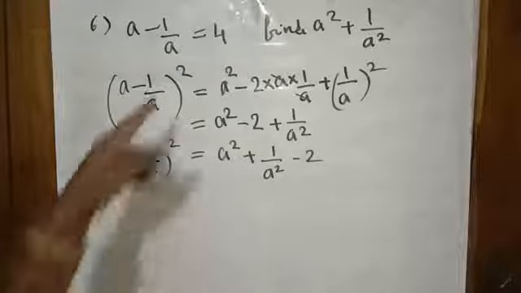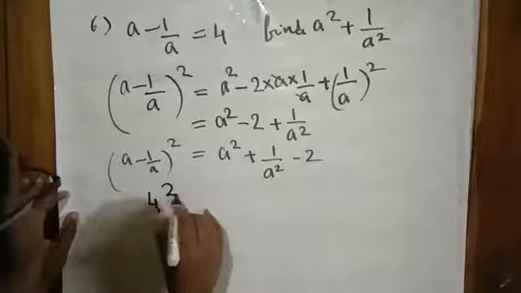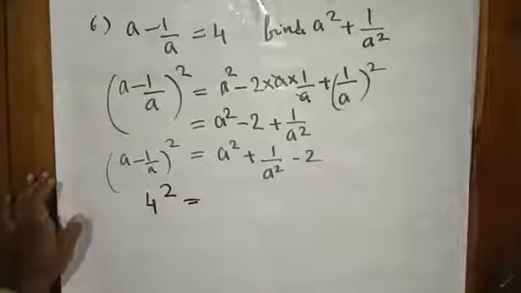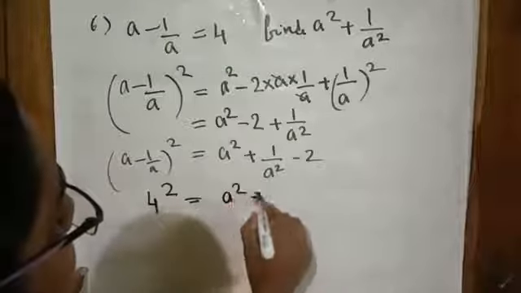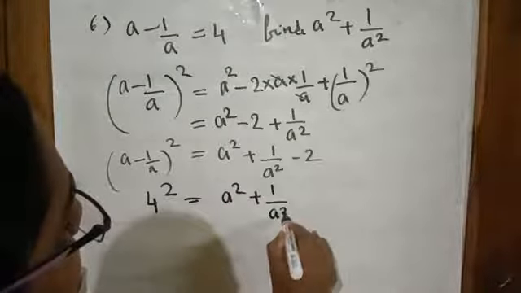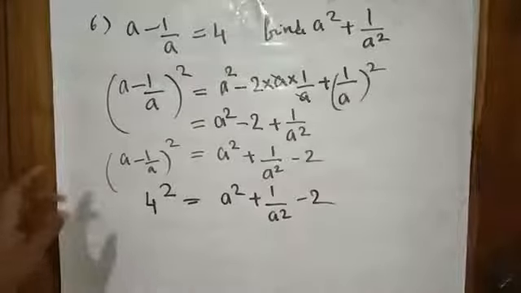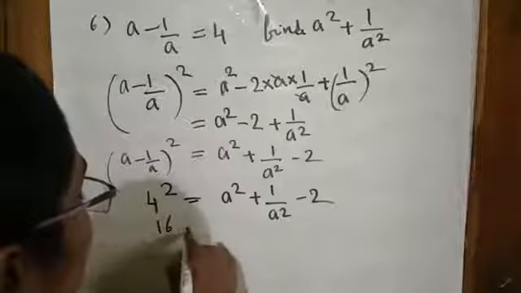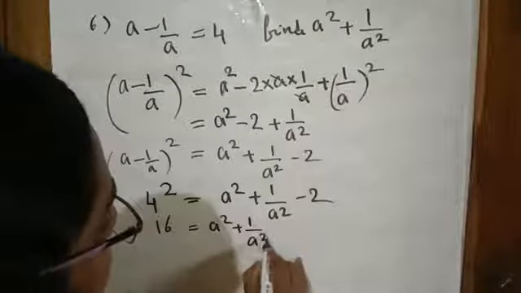So what is a minus 1 by a? A minus 1 by a is given as 4. So 4 square is equal to a square plus 1 by a square minus 2. What is 4 square? 16. Equal to a square plus 1 by a square minus 2.